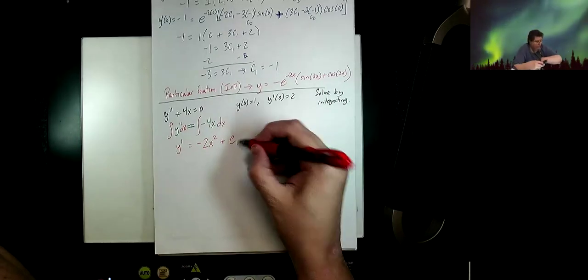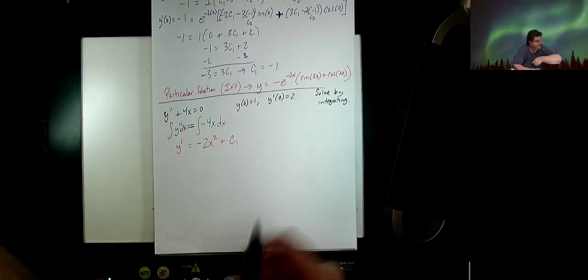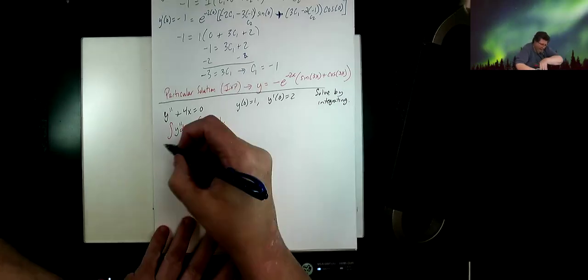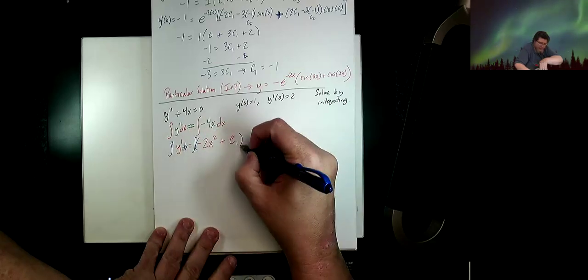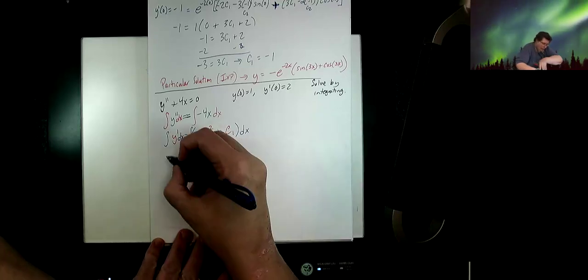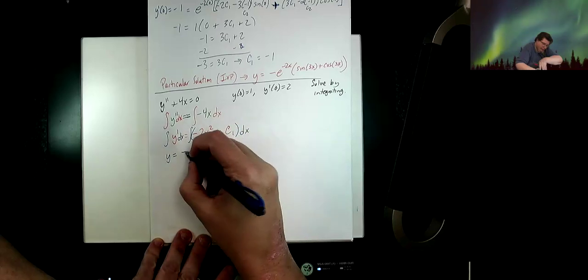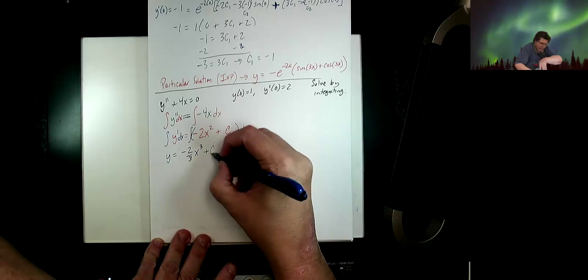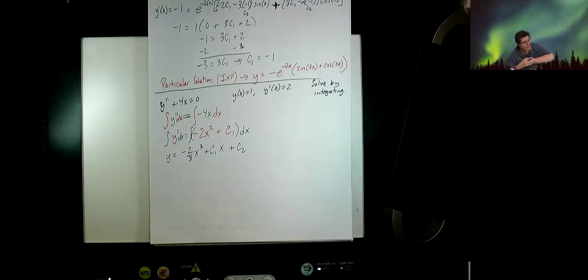I'm going to call that C1. And if I integrate this with respect to x now, I get y equals, up a power divided by the power, negative 2/3 x cubed plus C1 x plus a second constant.